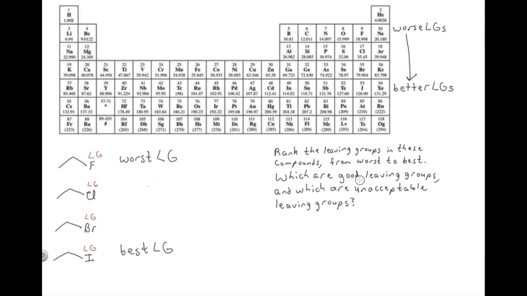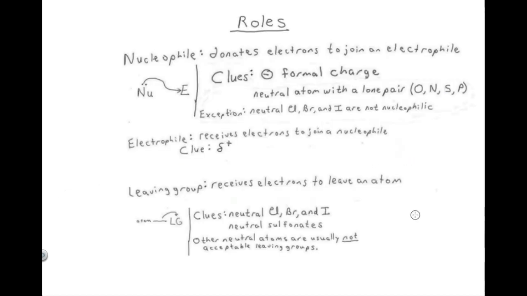We can also categorize any leaving group as either a good leaving group or an unacceptable leaving group. So do you know how to class these? That's something we've already talked about in this video series. We've already seen previously that neutral chlorine, neutral bromine, and neutral iodide are considered good leaving groups, and neutral sulfonates are considered good leaving groups, and that other neutral atoms are usually not acceptable leaving groups.